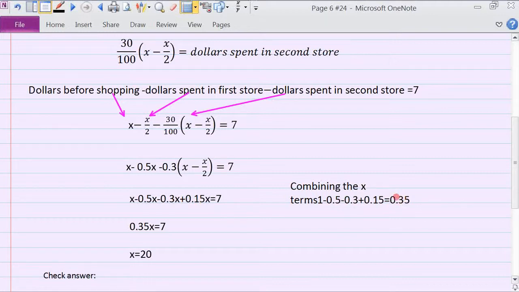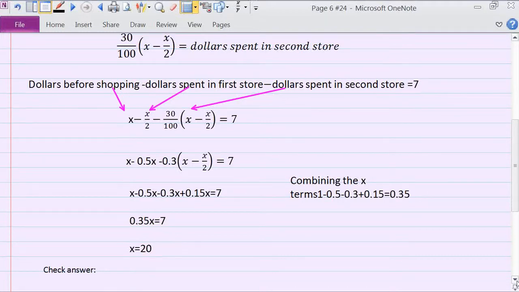And that leaves me with 0.35x, of course, because each one of these terms is a variable. So 0.35x equals 7. And now if I divide the left side by 0.35, I get x. If I divide the right side by 0.35, I get 20.